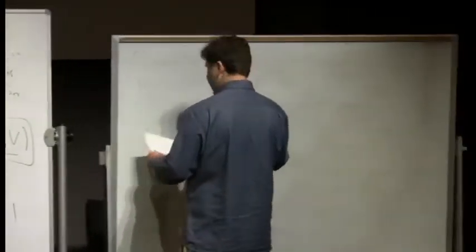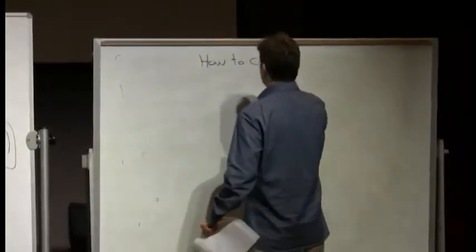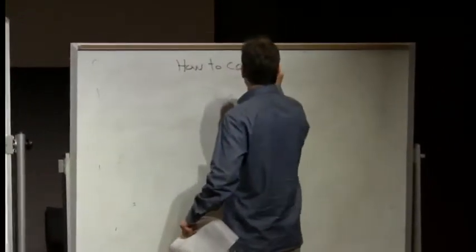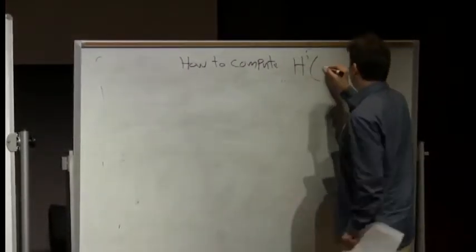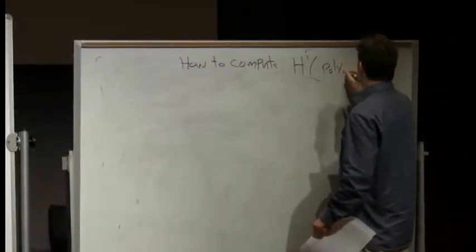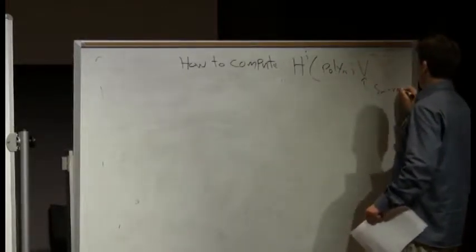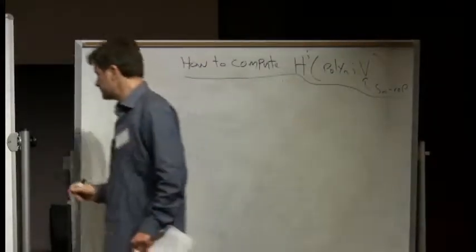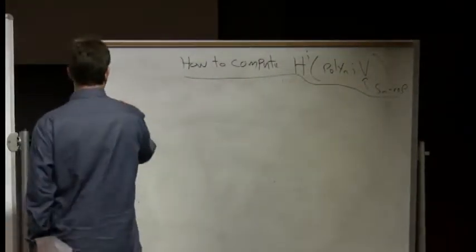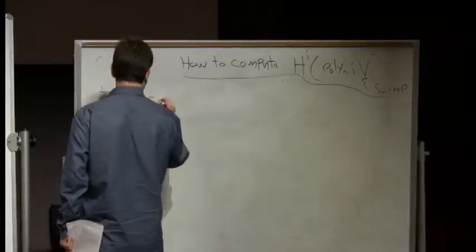So let me give how to compute this twisted cohomology of the braid group, or Poly_n, with coefficients in some S_n representation. All my representations are going to factor through the symmetric group. And how to do it is, there's a transfer lemma. It's the same as classical transfer, which is like averaging.